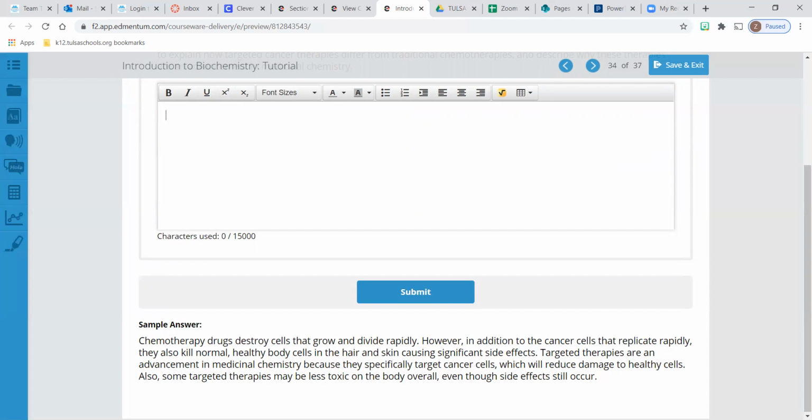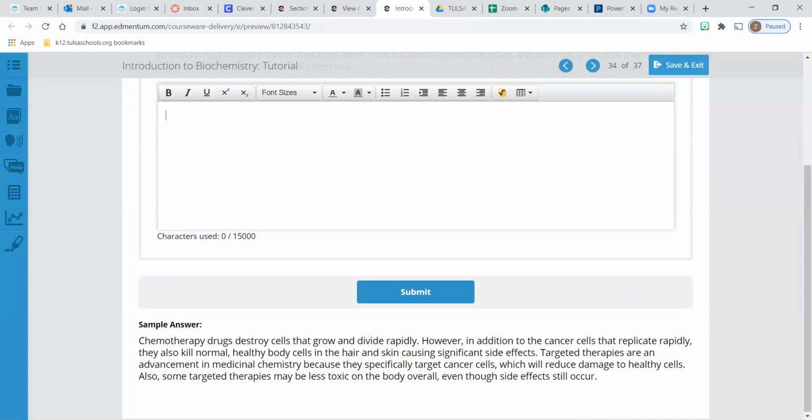Targeted therapies, they are more specific and they target, it's in the name, they target cancer cells and reduce the damage to healthy cells around the cancerous region. And the targeted therapies may be less toxic on the body overall, even though side effects still occur.